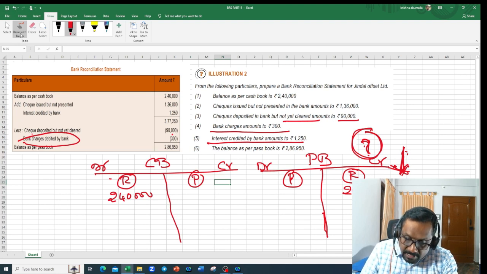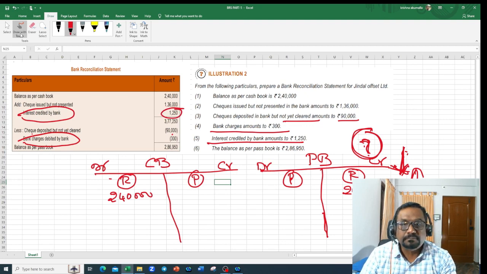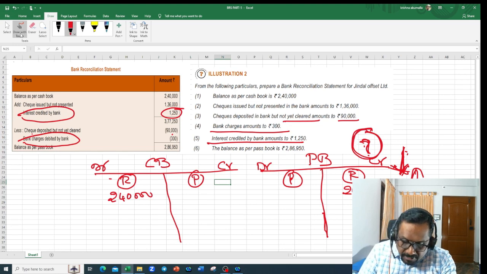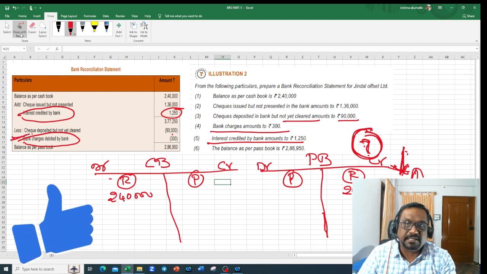The question mark balance is increased. Since the question mark balance is increased, you have to add that amount. Interest credited by bank 1,250. Very simple, right? You just need to monitor the question mark. If the question mark balance is increased, add it. If the question mark balance is reduced, you subtract it.